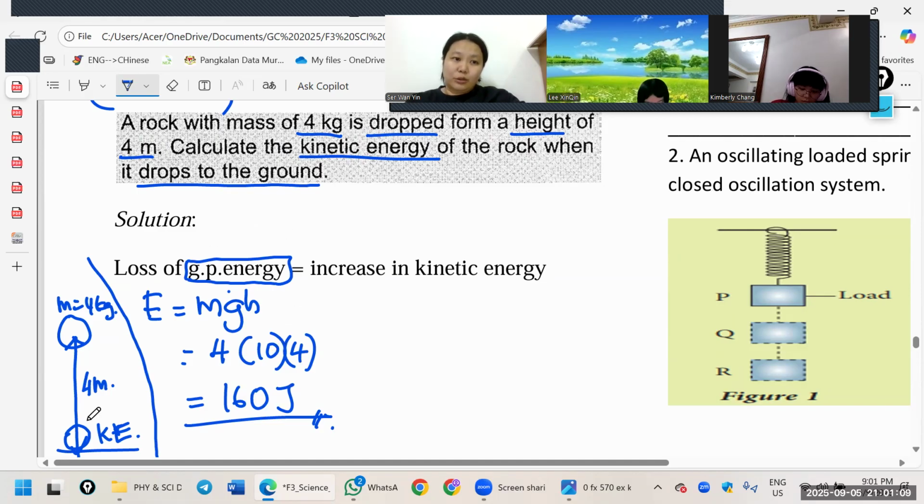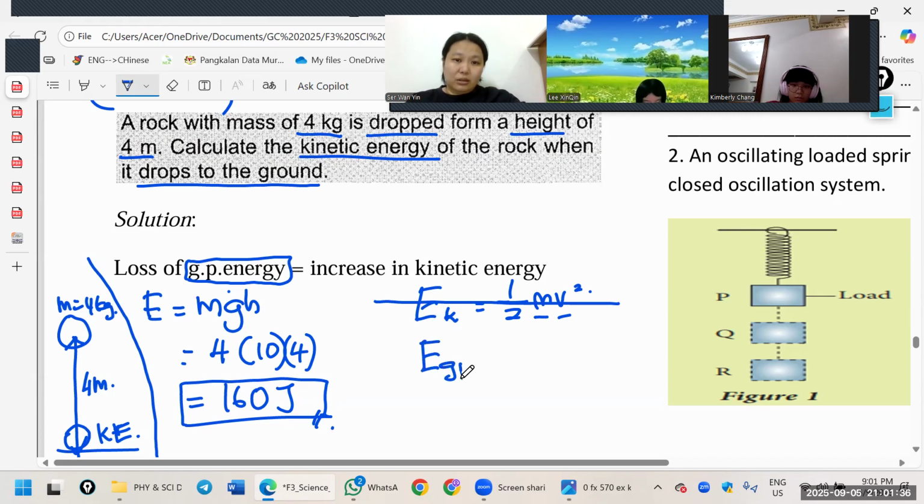And then they say when it reaches the ground, before it stops, all of the gravitational potential energy will change into kinetic energy. Kinetic energy is half mv squared. We only know m. Do we know v? No, so we cannot use this formula. So we just say gravitational potential energy equals kinetic energy. Gravitational energy is 160 joules, so kinetic energy will be 160 joules.